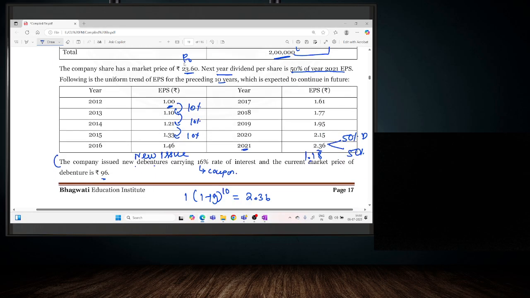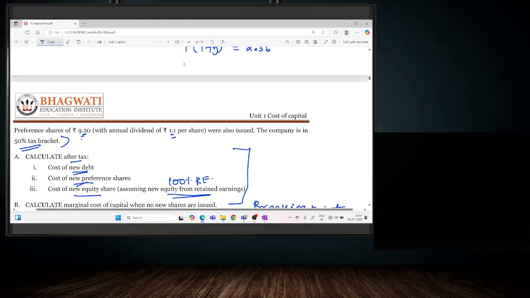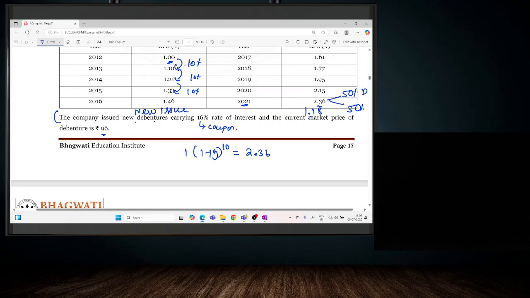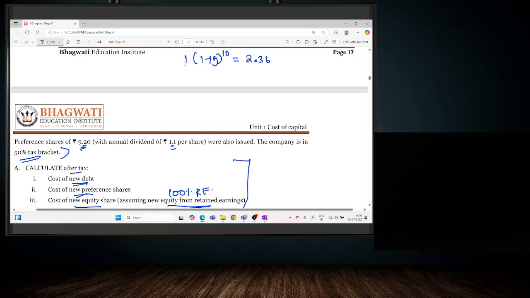Listen, the requirement of the C part is determine the amount that can be spent for capital investment before new ordinary shares must be sold. So here the company is raising additional capital in the form of 16% debentures, preference share capital and retained earnings. They are not issuing any new share capital as of now.